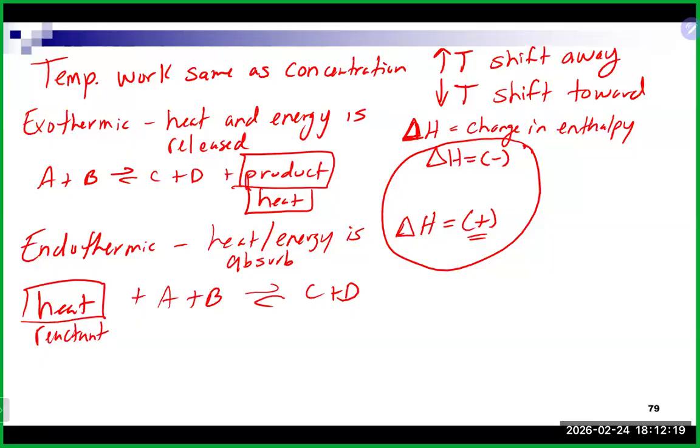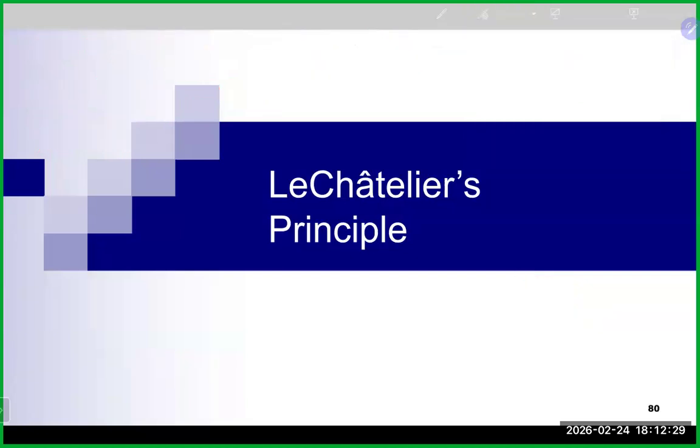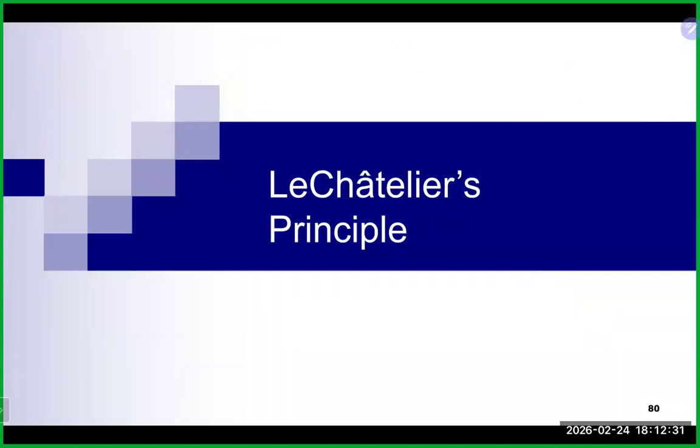The last sort of stress that you can do is add a catalyst. And if you're not sure what a catalyst is, let me tell you what it is not. It is not a reactant.